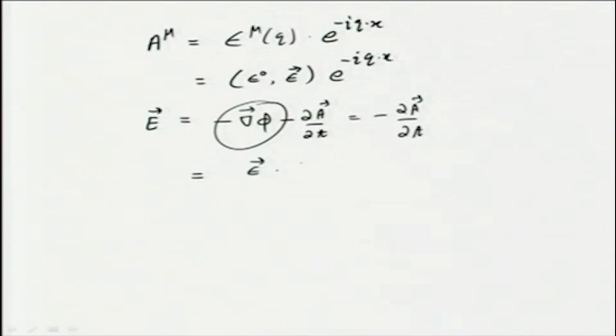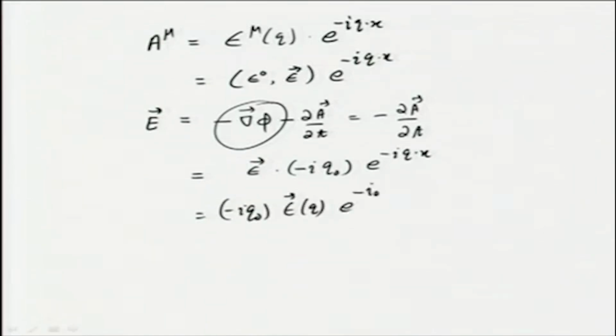dou by dou t acting on this will give you minus I q 0 e power minus I q x, or minus I q naught epsilon, which depends on q, exponential minus I q naught t, exponential I q dot x. So, this is basically the electric field with explicit dependence on the time and x written.